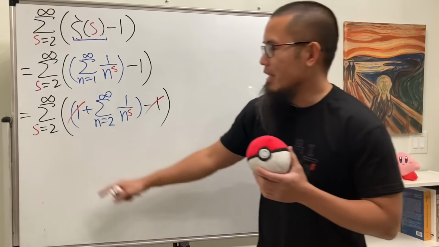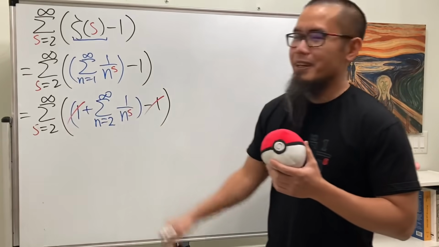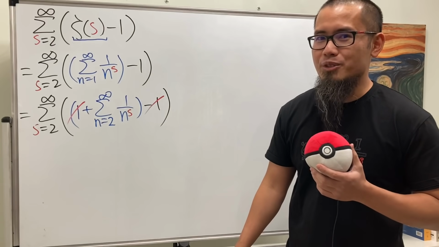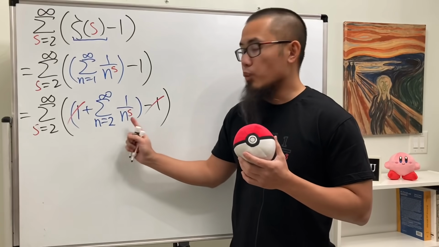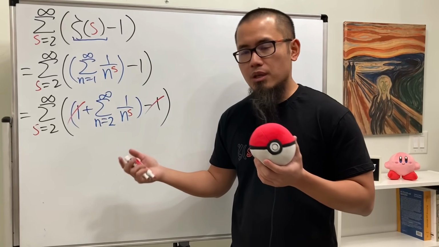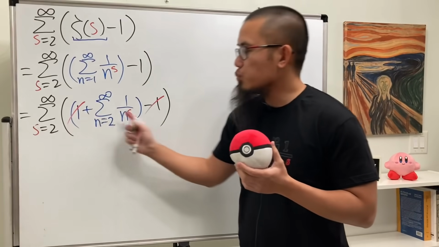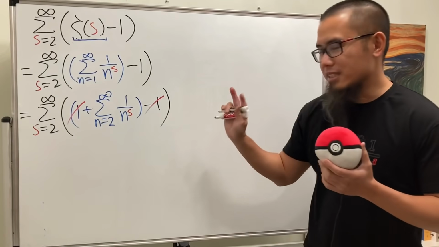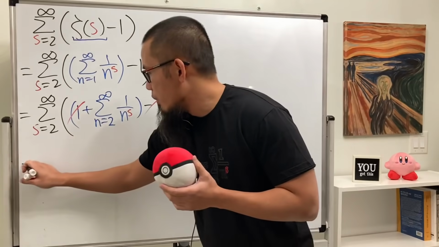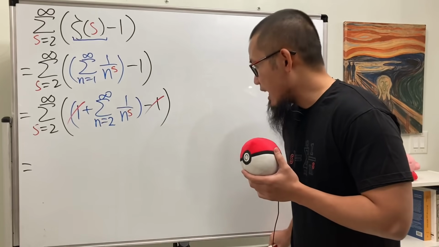And the beauty is that they both go from 2 to infinity. We can switch the order of summation easily. And we want to do that because if you look at this right here in the n world, we cannot do too much. But if you look at this in the s world first, in fact, that's just a geometric series. So let's go ahead and switch the order of summation. We are going to have the blue one on the outside.